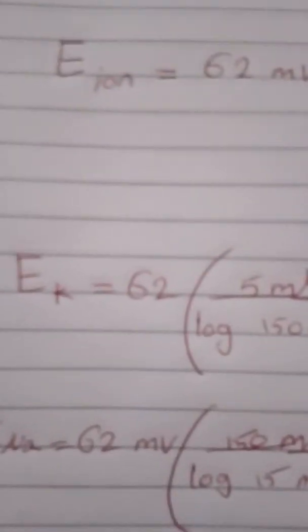Notice that the minus sign indicates that with this K+ concentration gradient, K+ is at equilibrium when the inside of the membrane is 92 millivolts more negative than the outside.